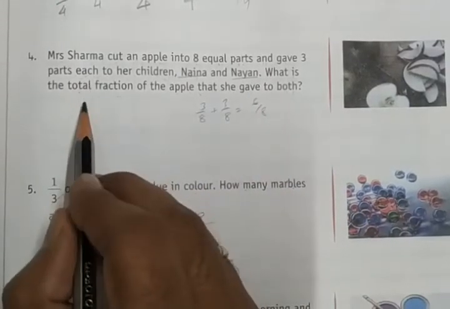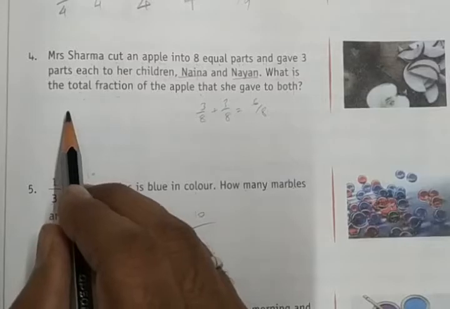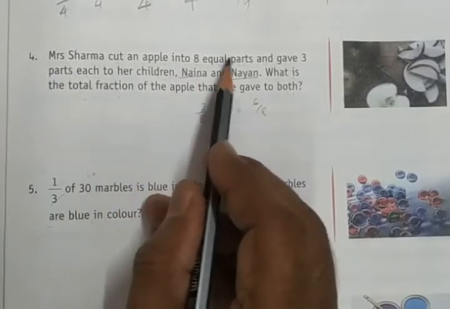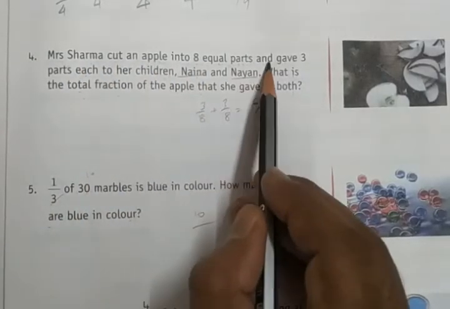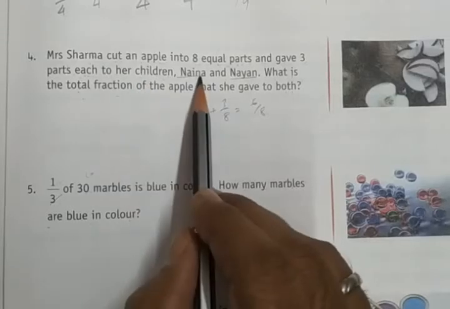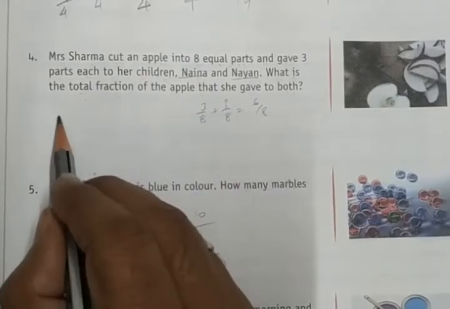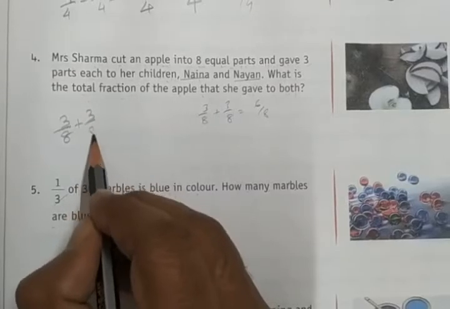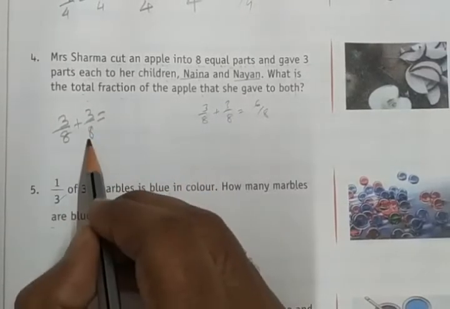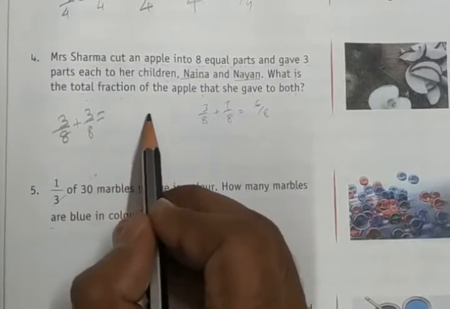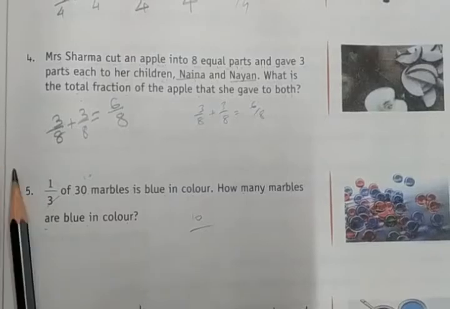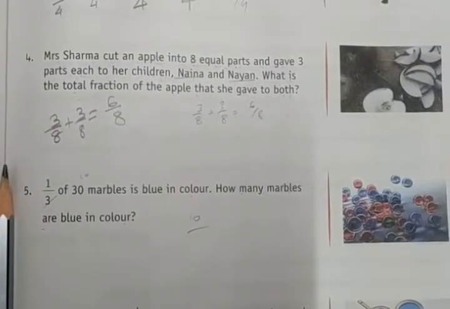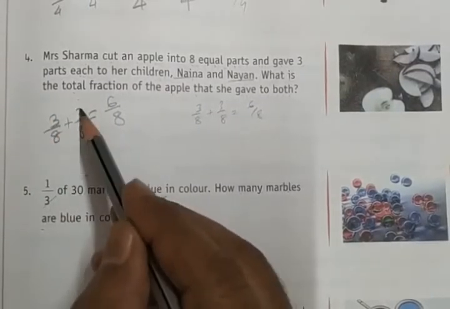Out of 8 equal parts, each child gets 3 by 8. So 3 by 8 plus 3 by 8 is equal to, 3 plus 3 is 6, so 6 by 8.